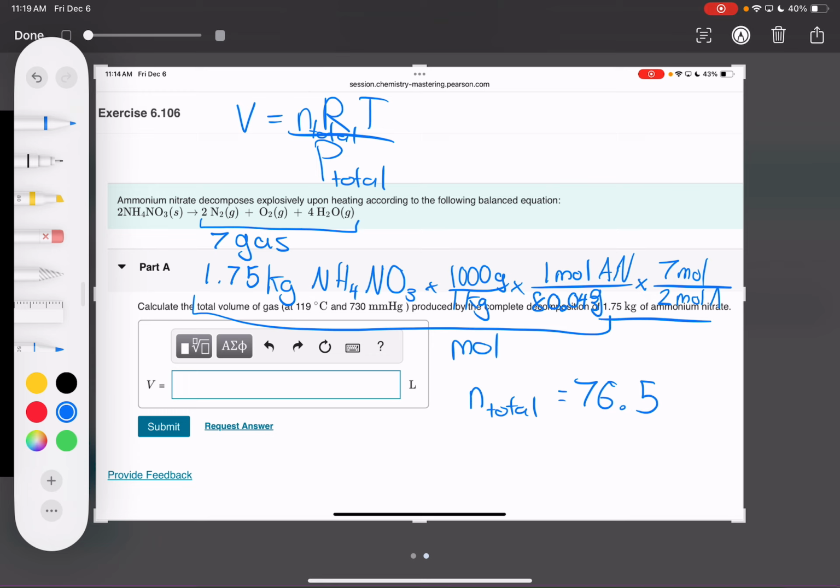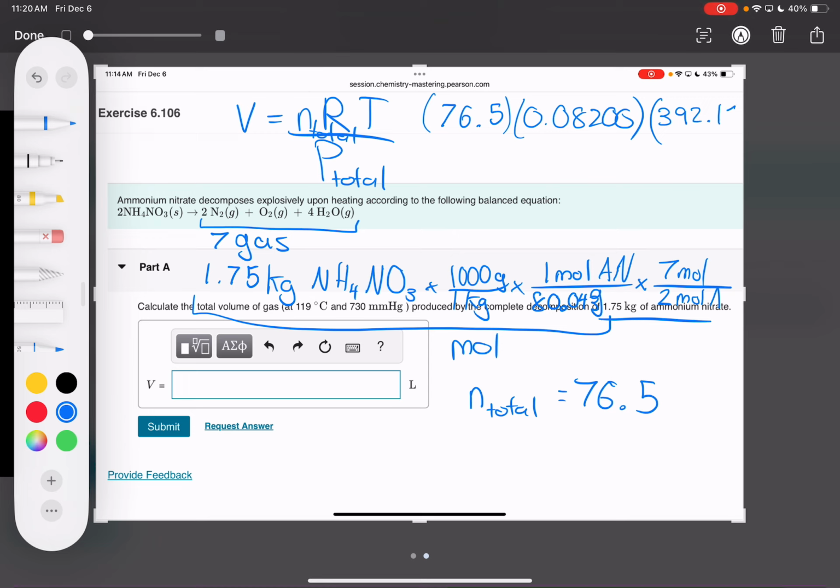And then we're going to plug that in up here because we're looking for volume. So 76.5, sorry, times R, 0.08206, times the temperature, we need to convert to Kelvin, 119 plus 273.15.